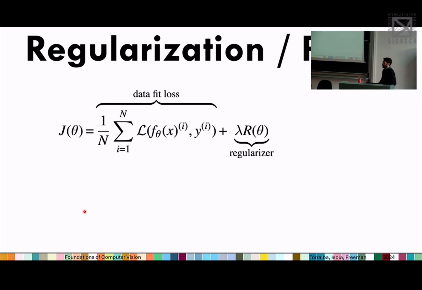Let's remember regularization. You've probably, in some statistics courses, seen ridge regression and lasso regression. What you do is, instead of only fitting the data fidelity function, which in the most trivial cases could be the sum of squares, you also minimize a function, with some weight lambda, of the parameters you're learning themselves.